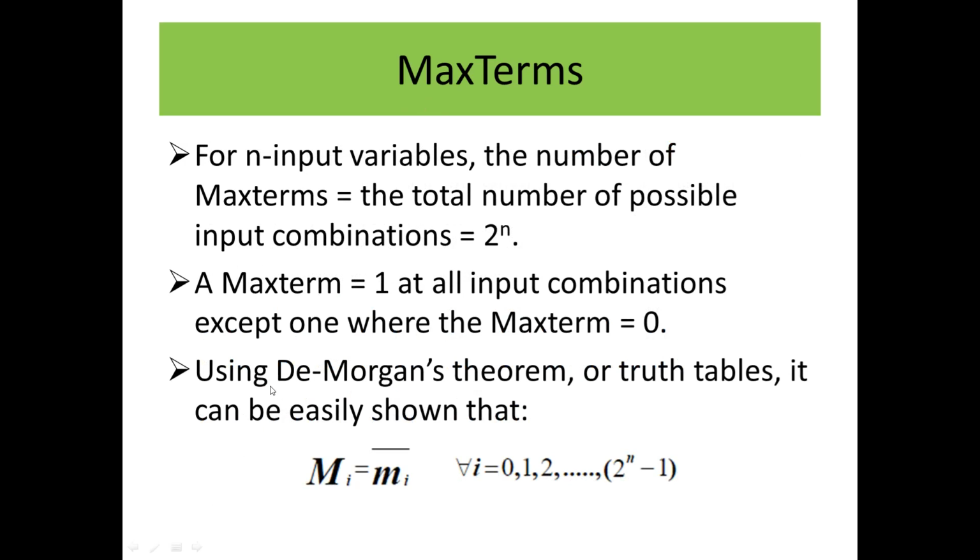Using De Morgan's theorem or a truth table, it can easily be shown that the complement of minterm i is equal to Maxterm i, for all i equal to 0, 1, 2 up to 2 raised to n minus 1. So what you understand from this is that the complement of a minterm is equal to a Maxterm.